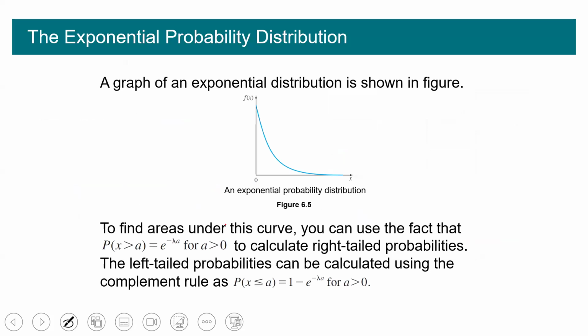The graph of an exponential distribution is shown here in this figure. To find areas under this curve, you can use the fact that our probability is equal to e to the negative lambda a, when a is positive, to calculate right-tailed probabilities. Left-tailed probabilities can be calculated using the complement rule.